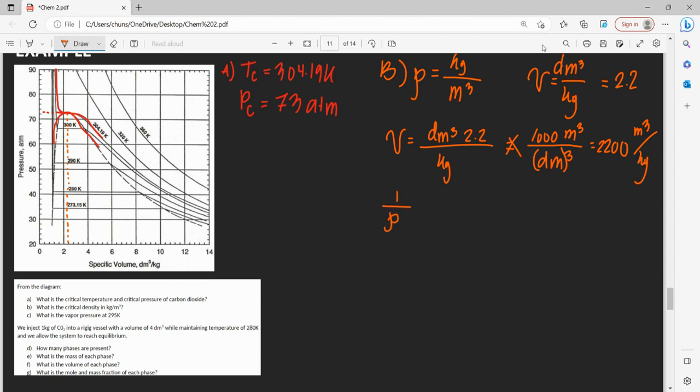And we know that 1 over our density rho is equal to specific volume. So therefore, 1 over specific volume is equal to rho. So when we do that, 1 over V is equal to 1 over, that will be equal to 4.54 times 10 to the negative 4 kilograms per meters cubed.